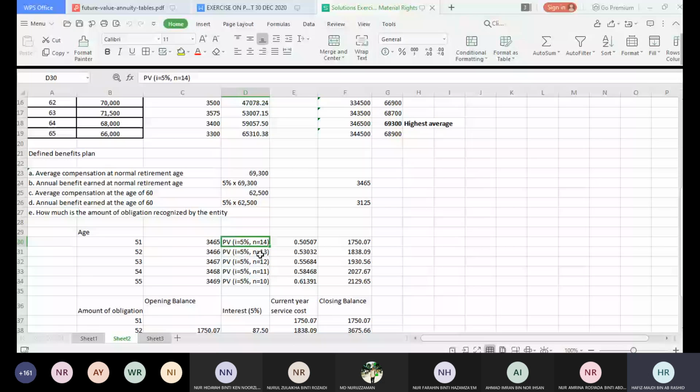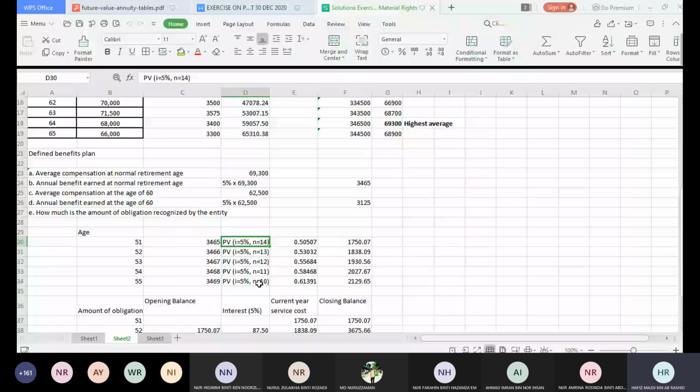Completing the second year, you still discount, but N is equal to 13. At the age of 53, N becomes 12. At the age of 54, N becomes 11. And at the age of 55, N is equal to 10, because there are 10 more years until the normal retirement age of 65.